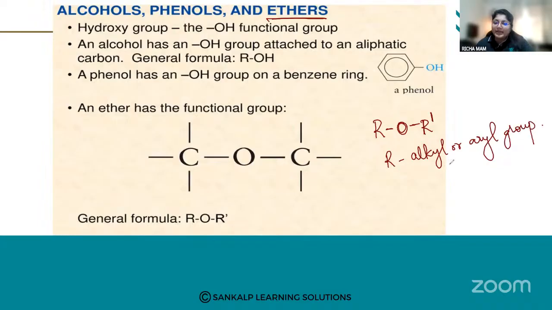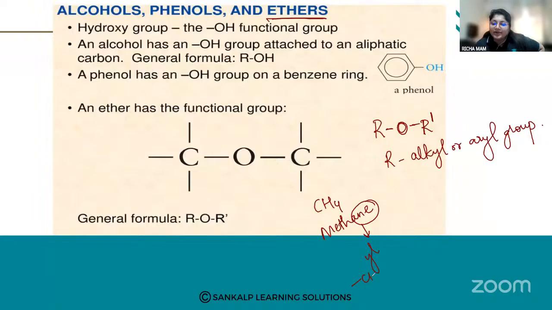What do you mean by alkyl? Suppose I have methane. We remove one of the hydrogens, and the ANE of methane is replaced by YL. So we call it methyl.